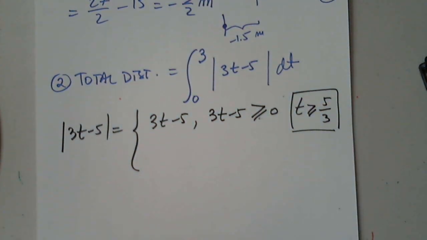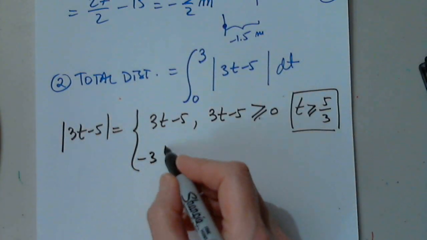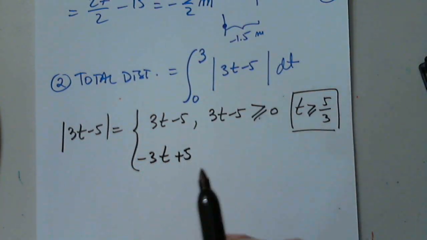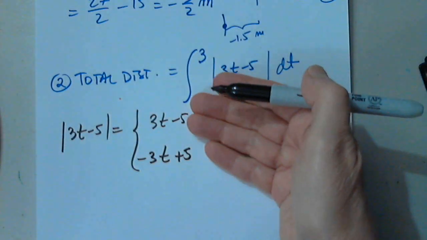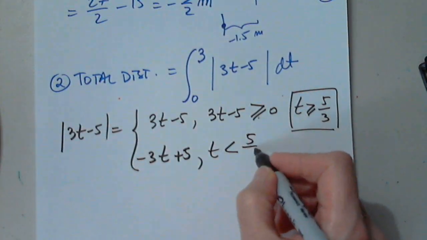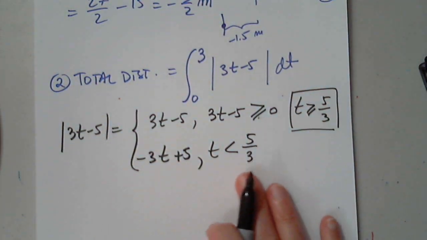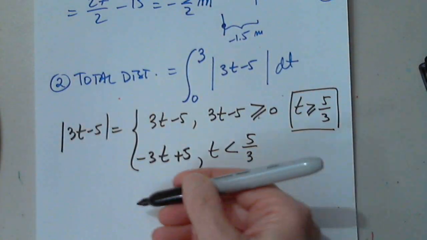And the other option? Well done, Quinn. Negative 3t plus 5. Because if I put the minus in front, I have to distribute it to both. I don't calculate anything that is not here. Do not ever write anything here other than if this is to the right of 5/3, this must be to the left.